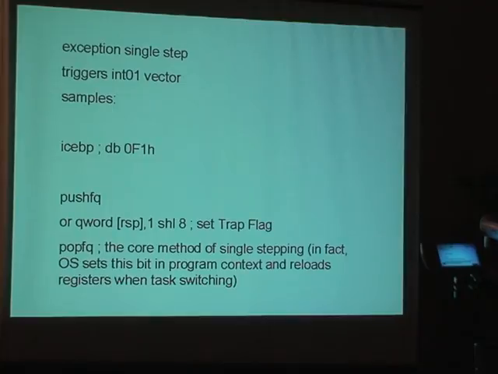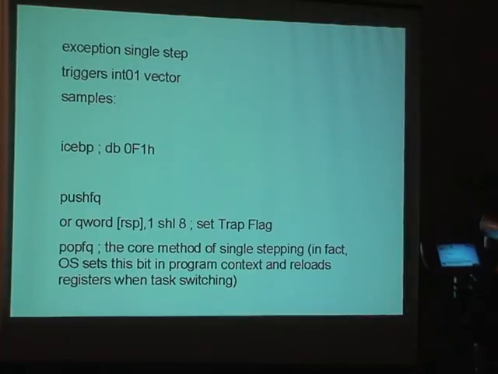Then the exception single step. This exception triggers interrupt 1. Here are some samples. It's ICEBP. It is one very unknown instruction which is not very useful. Then the second sample, when we push the flags onto the stack and turn on the 8th bit, and then we write this bit into the flags register by popping the flags.